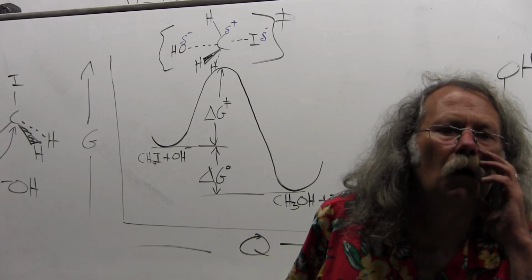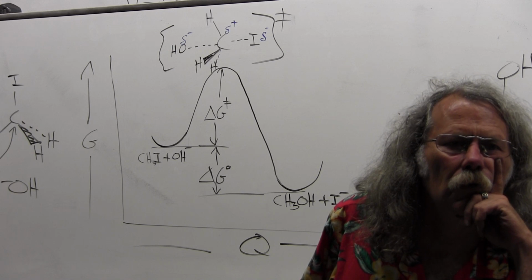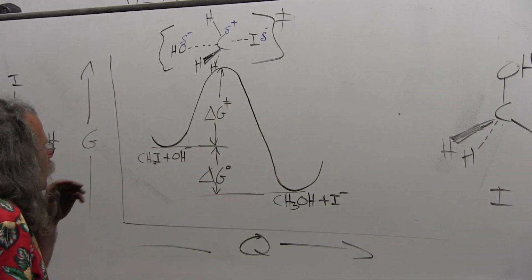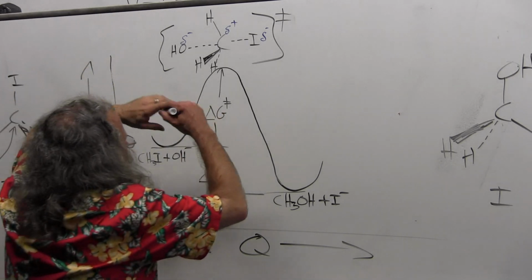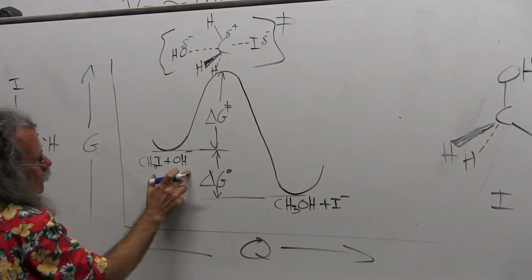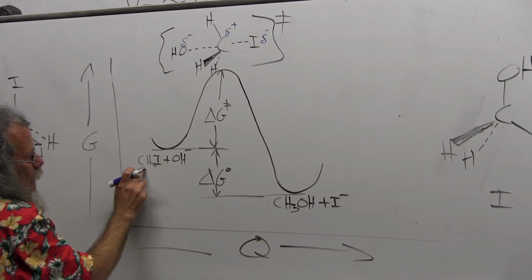Is the total charge at the top of the activated complex two negatives and a partial positive? Okay, so I'd say the net is slightly negative, because I have here a negative and a neutral.